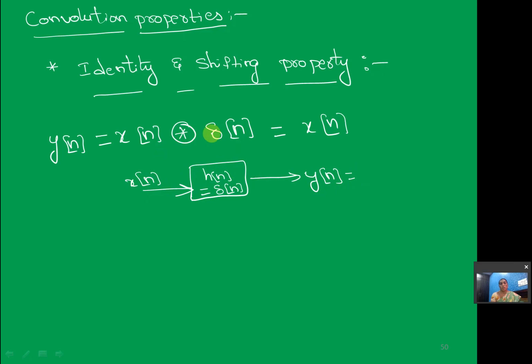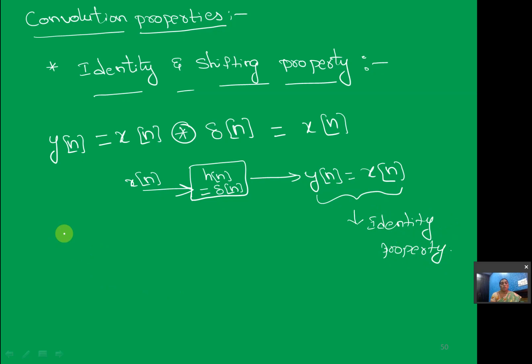Now x of n convolved with del of n is, from this property, the same signal x of n. So y of n is equal to x of n. It is nothing but the identity property. This system is an identity system.